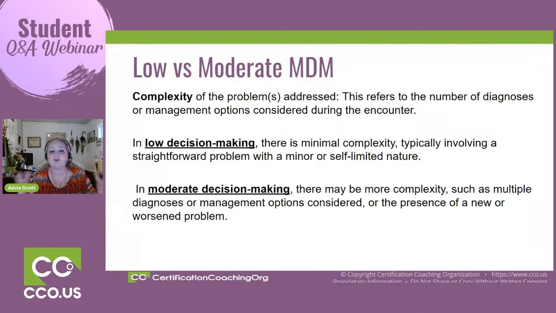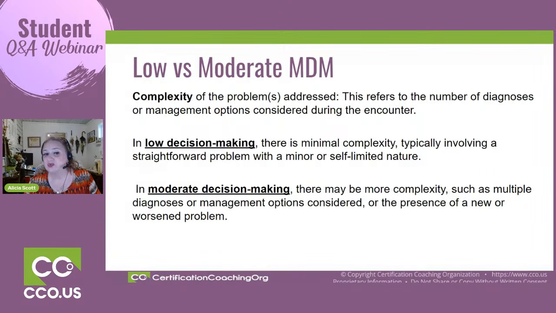If the provider gets a patient that has a new diagnosis, okay, that bumps the complexity up. If the diagnosis is complicating other diagnoses, that bumps it up.